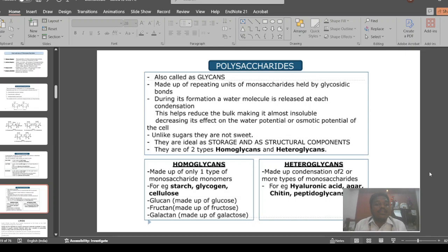Here we can see homoglycans and heteroglycans. Homoglycans are made up of only one type of monosaccharide, for example starch, glycogen, and cellulose. Heteroglycans are made up of two or more types of monosaccharides, for example glucose and fructose. In starch, glycogen, and cellulose, it is alpha glucose.